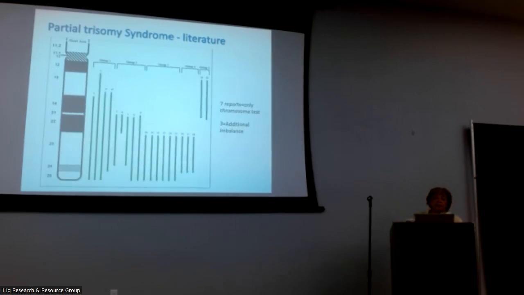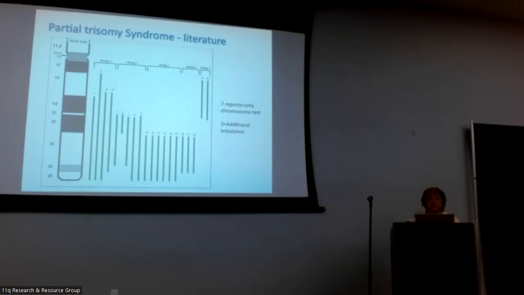In the most recent report in the literature, there are some 20 cases. Seven don't have the array performed, and in 3 there is an additional imbalance that is individually different. So these cases cannot be compared.